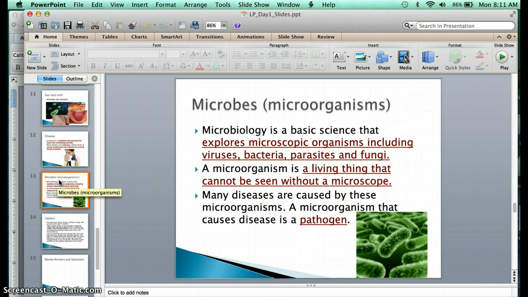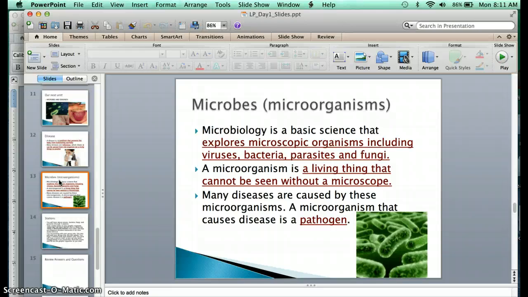Okay, so what causes these different diseases are mainly microbes, which is a fancy word for microorganisms. Microorganisms we study through microbiology. Microbiology is a type of biology. Bio means living, and biology is the study of living things.